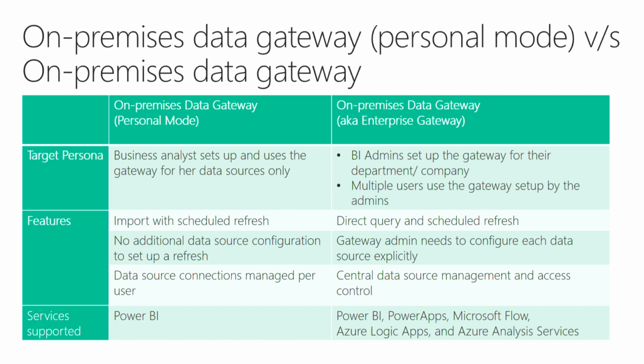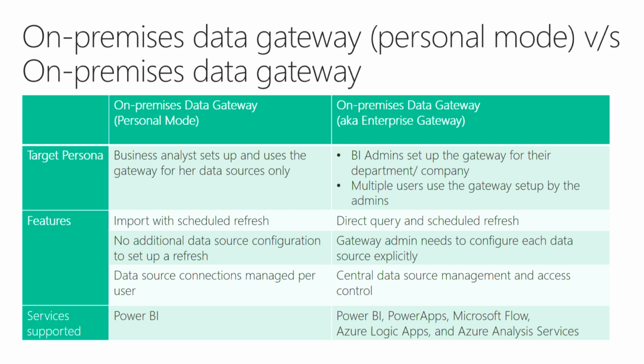You cannot share the gateway with more people, but you can share the report that you build on top of that gateway with more people. But everyone who needs to create a report and use it will have to install their own personal gateway. Versus the on-premises data gateway default mode, which you can share with multiple people. As I said, add an AAD security group to the list of users and admins, so you can have more centralized management there.